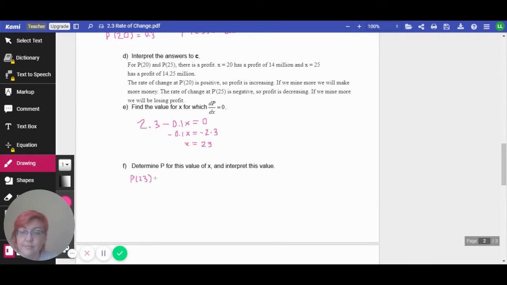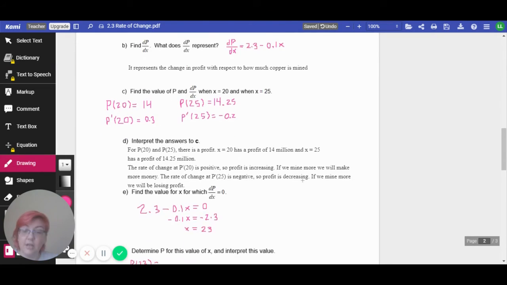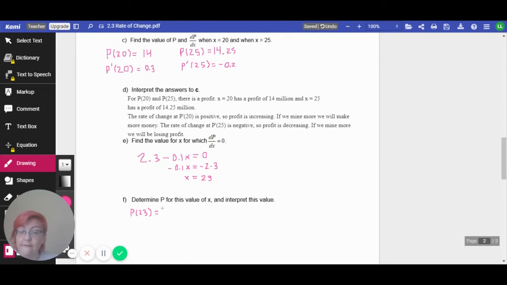All right. Going back up to my original function, 2.3 times 23 minus 0.05 times 23 squared minus 12. And I get 14.45.